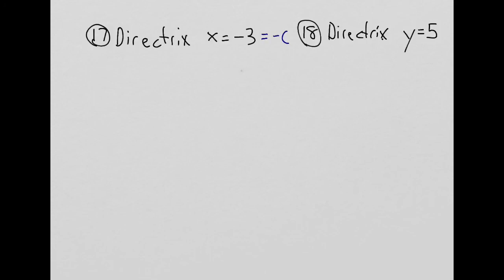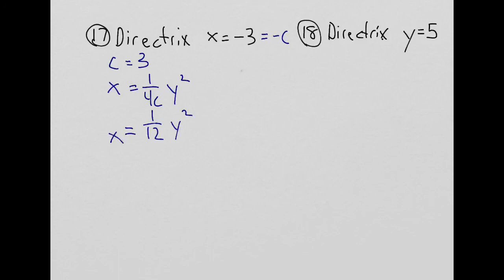So my c is 3. It's easy. Since it's a horizontal one, my basic equation is x is equal to 1/4c y squared. And again, I just have to plug in. Pretty easy. So that'll be 1/12 y squared.